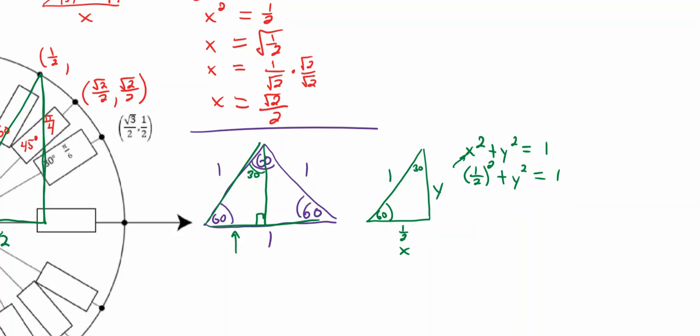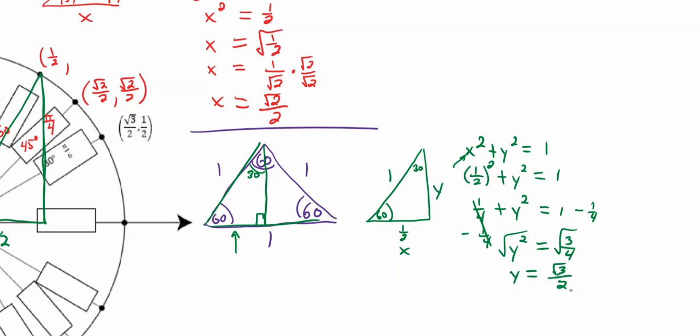So 1 over 4 plus y squared is equal to 1. Then I'm going to subtract 1 over 4 from both sides. So we get y squared is equal to 1 minus 1 over 4, which is 3 over 4. Then we'll square root both sides, so we get y is equal to the square root of 3 over 2.